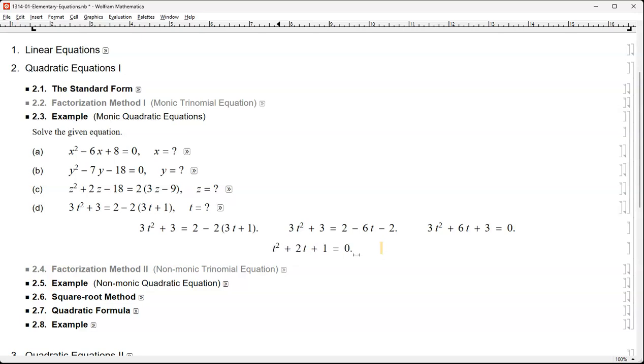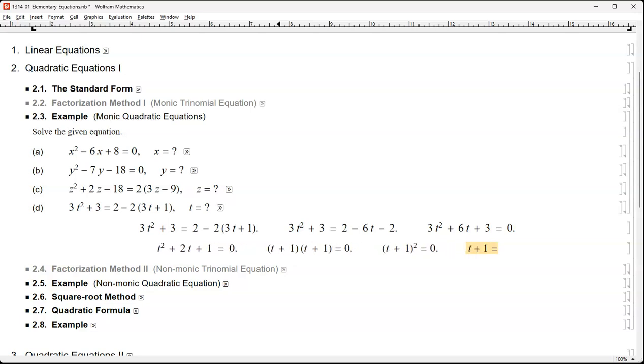Well, factor of the constant term, we have 1 times 1 only, so t plus 1 equal to 0. In other words, this is t plus 1 squared is equal to 0. And then we end up with just one factor.